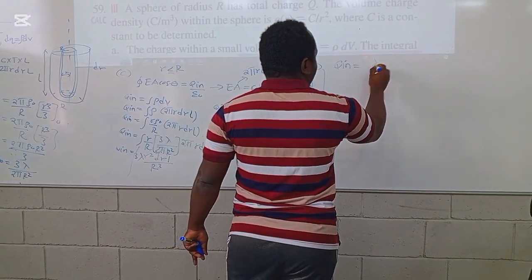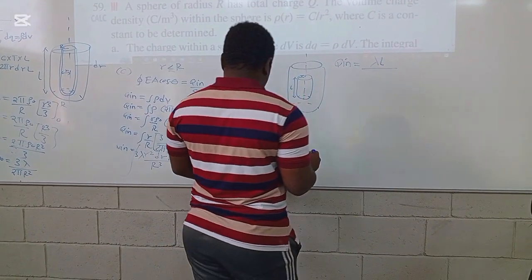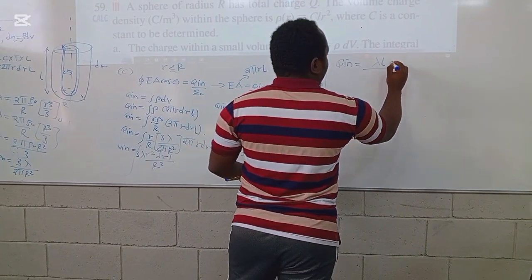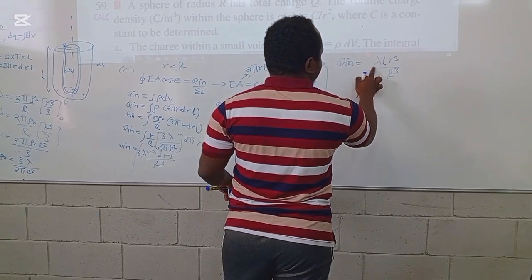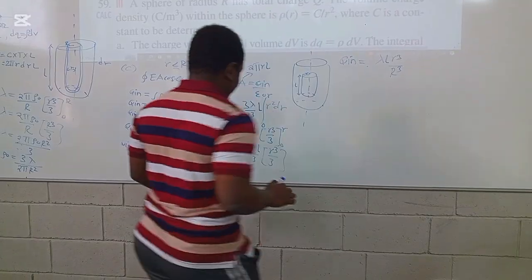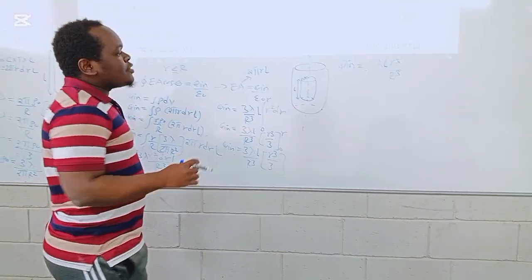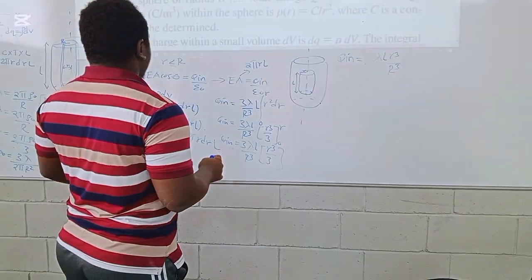So Q in will be lambda small l times r cube over R cube.